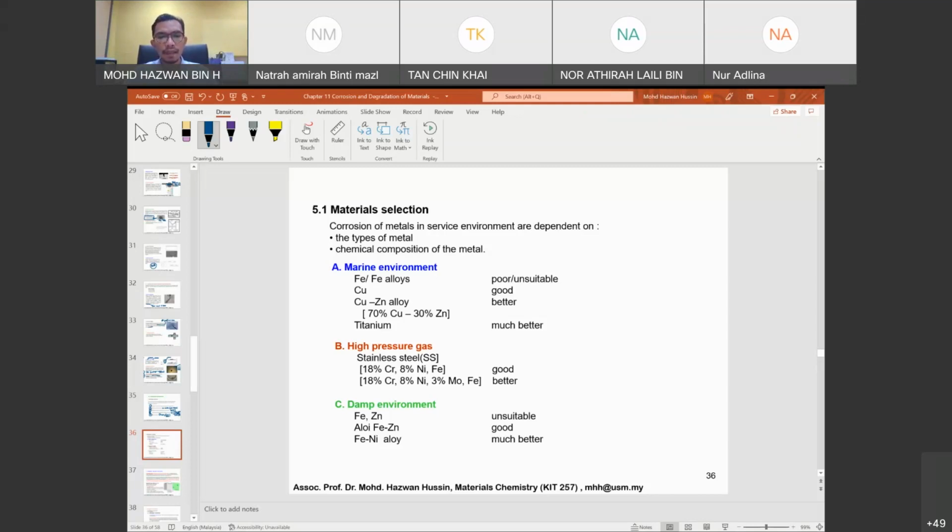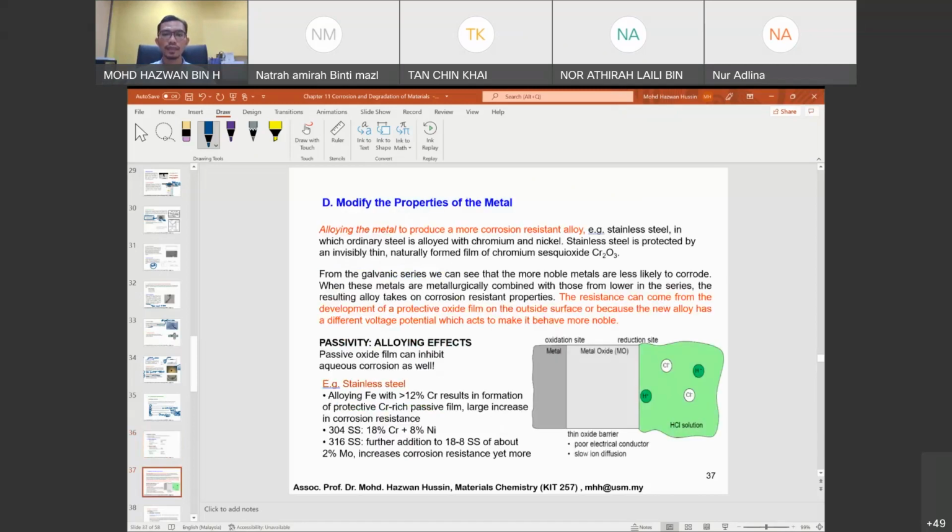Okay. And for the damp environment, okay, if you use a pure metal, it is unsuitable. But if you make an alloy, then it is much better because it can actually reduce the surface degradation and finally reduce the corrosion process. Right.